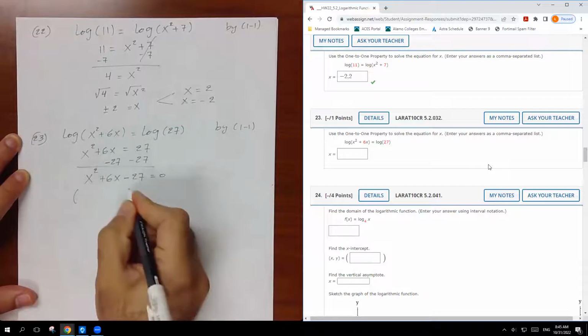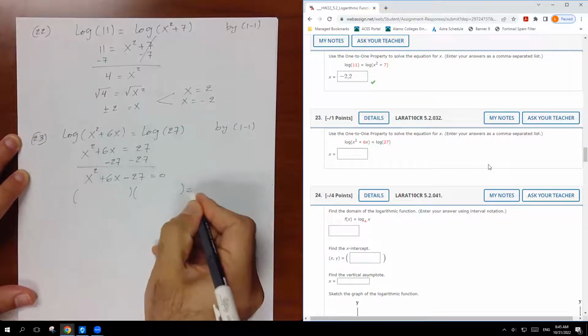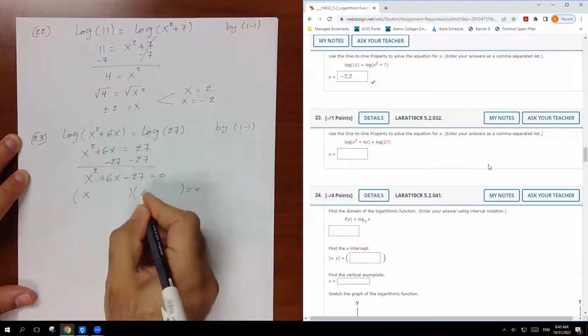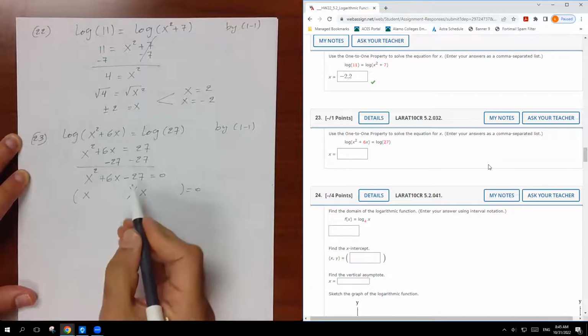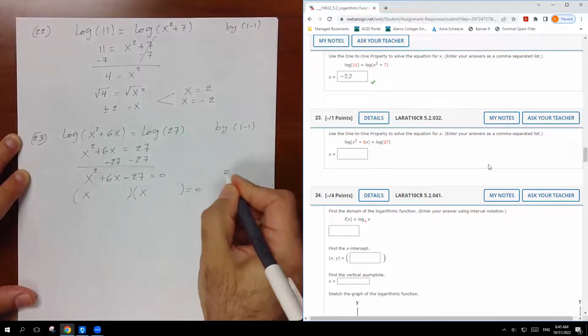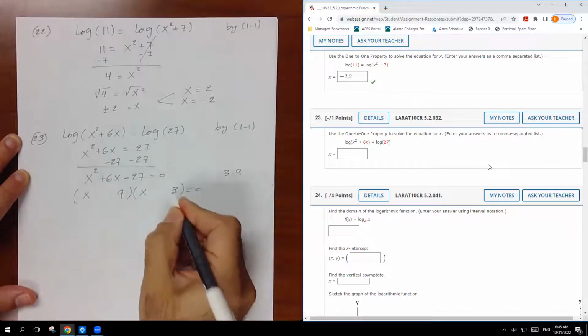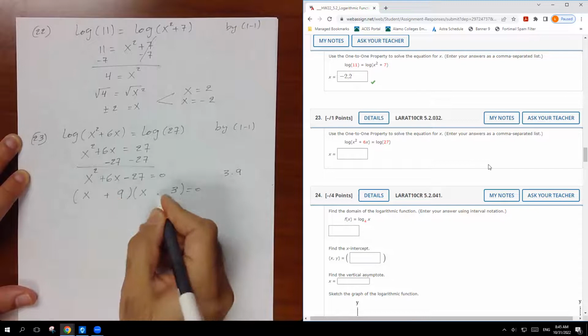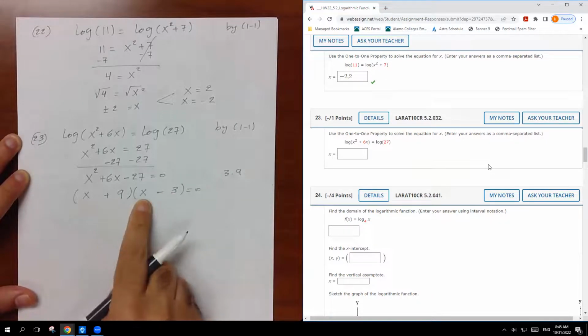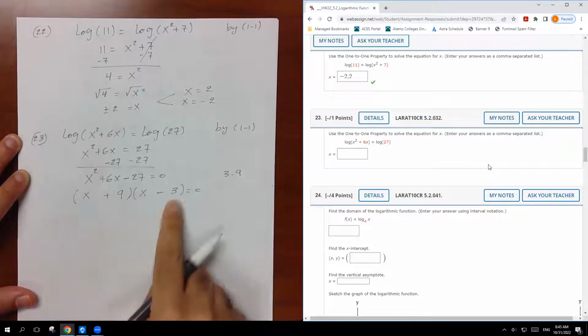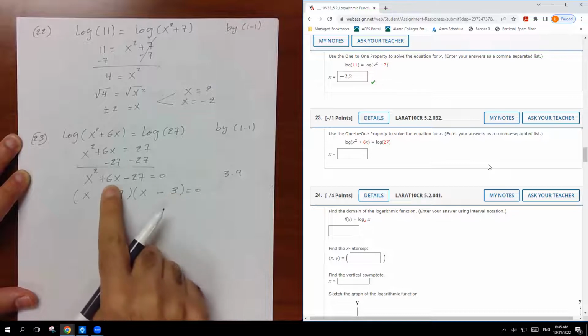So I'm going to open two parentheses, equals 0, x and x. For 27, I'm going to say 3 times 9. So I'm going to put 9 and 3, plus and minus. Let's check: 9x, negative 3x, combine these together is going to be 6x.